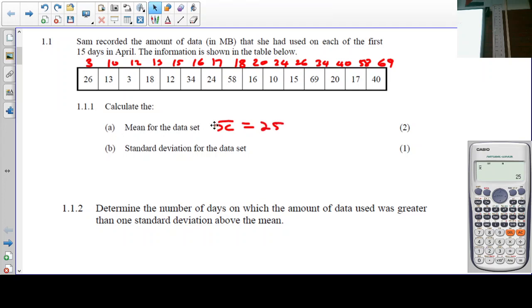And the standard deviation, you press Shift, 1, 4 for variance, 3 for standard deviation, gives you 17,65. Your standard deviation is a lowercase s, the Greek symbol sigma. That's your standard deviation, which is 17,65.